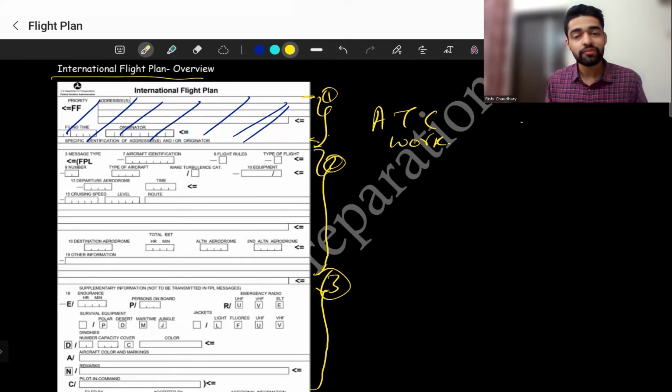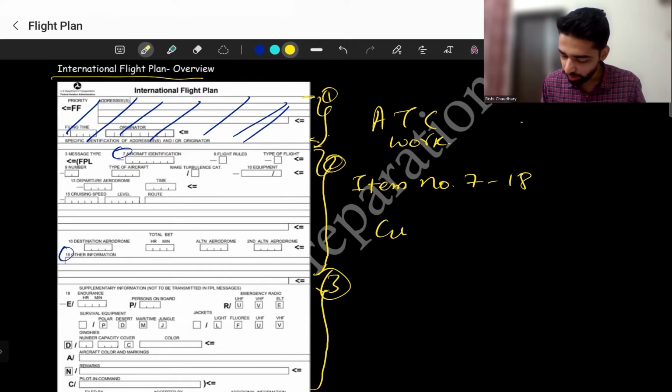Now from the second section, we have to fill everything. So second section has a number 7 to 18. You can see this is 7 to 18. We say them item number. Okay, we don't say number 7. We say item number 7. So from item number 7 to 18, we have to fill completely about current flying details.